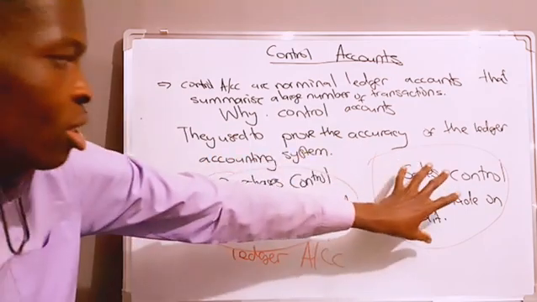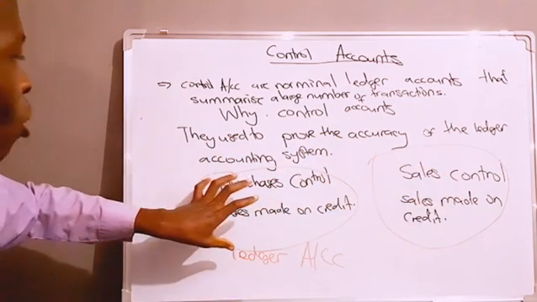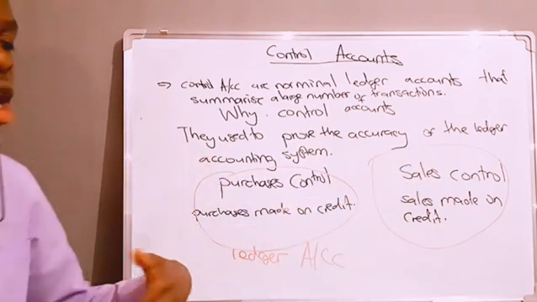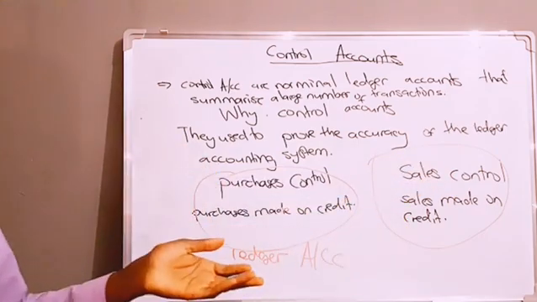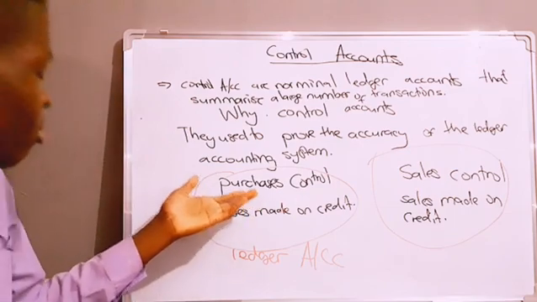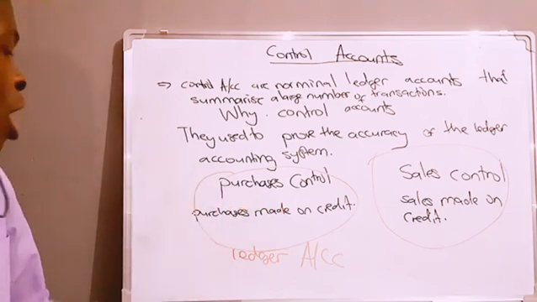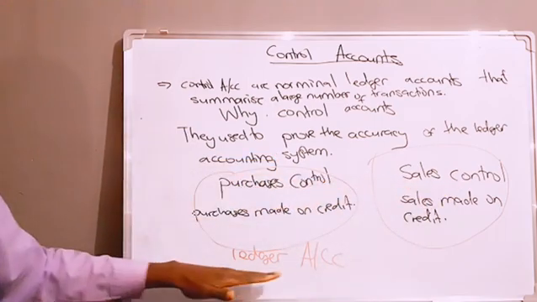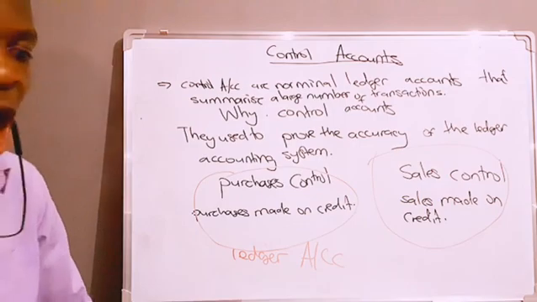We only use them for accounting purposes, where we need to record how much receivable we have at the end of the year, or how much is payable at the end of the year. So we use the control accounts for accounting purposes, whereas the ledgers we use to track our cash.